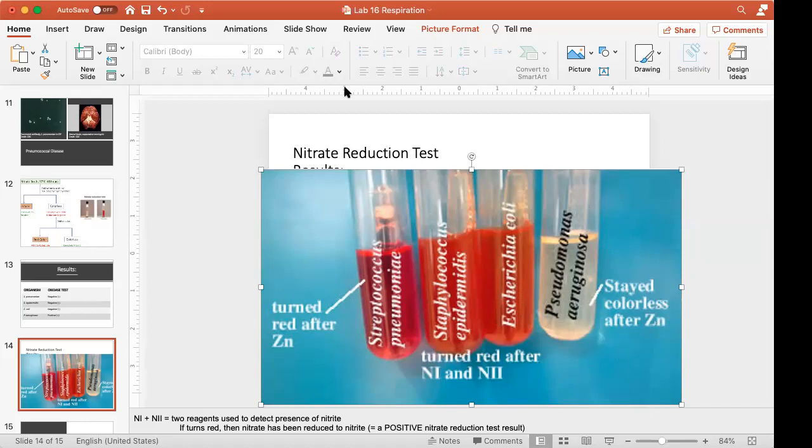I got no shift in color. Then I added zinc dust. I got no shift in color. How should I interpret that test? Is it positive or negative?